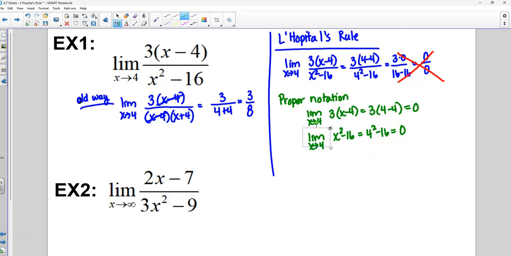So you're doing the limit of the top and the limit of the bottom separately and saying that each one of those equals 0. So you didn't say anything was equal to 0 over 0. You just said the limit of the top was 0 and the limit of the bottom was 0. And then you could say, therefore, L'Hopital's rule applies.